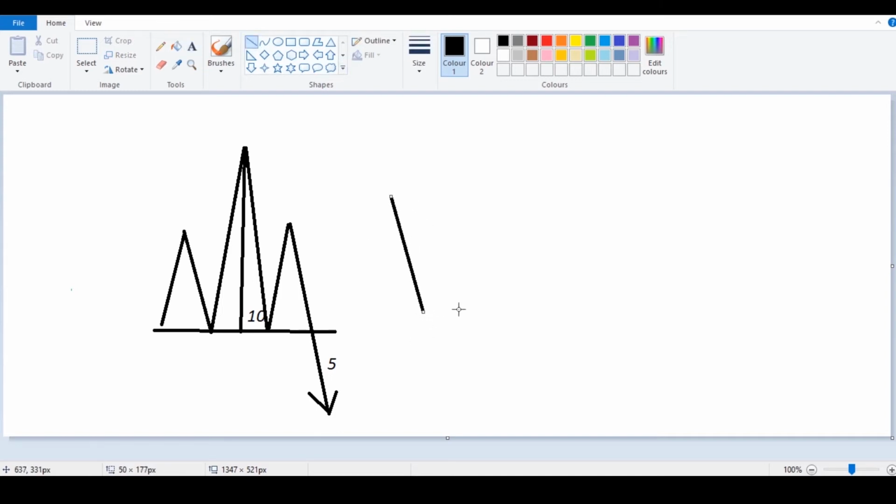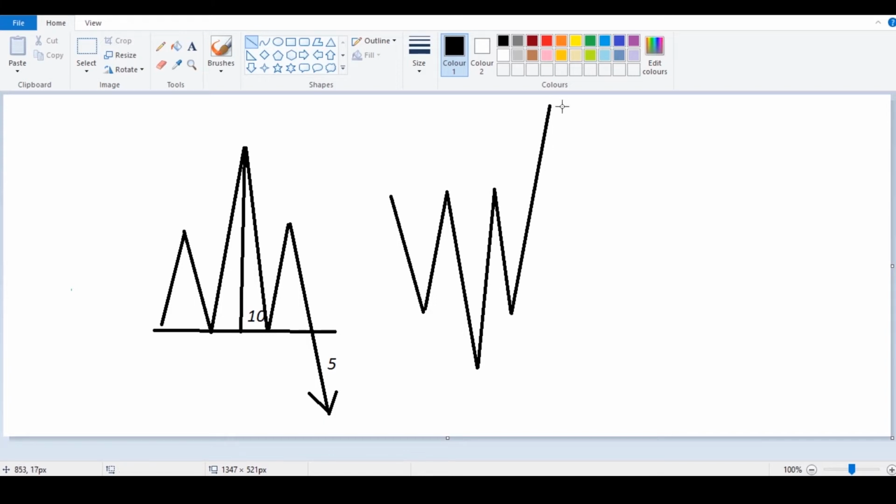Then you have got an inverse head and shoulders pattern. Again, you want to try and join the points from the center head to the neckline.